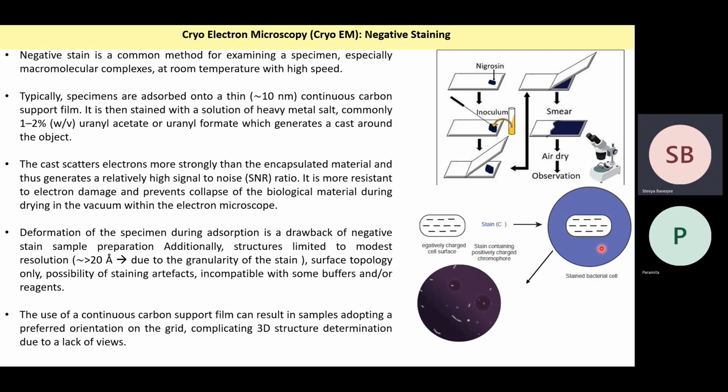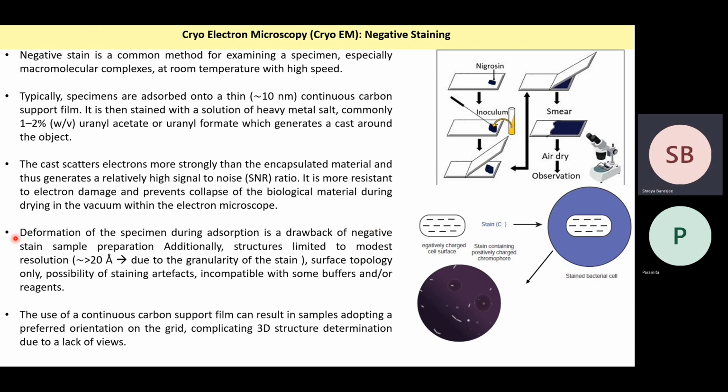So the coating of the stain around the cell helps in three ways. It increases the signal to noise ratio, it reduces the radiation damage to the cell, and it prevents the water molecules from drying up and destroying the protein structure.